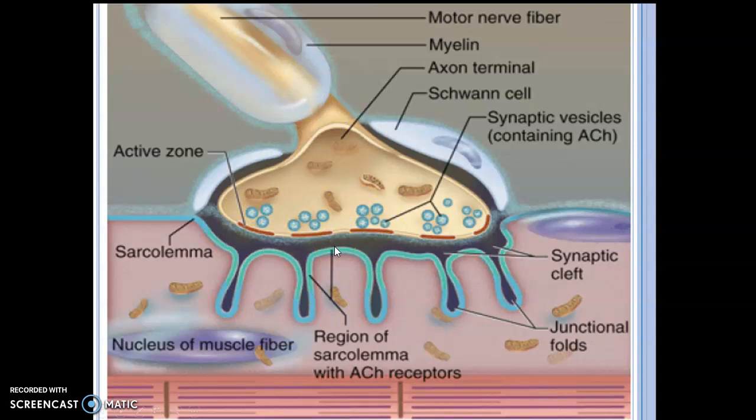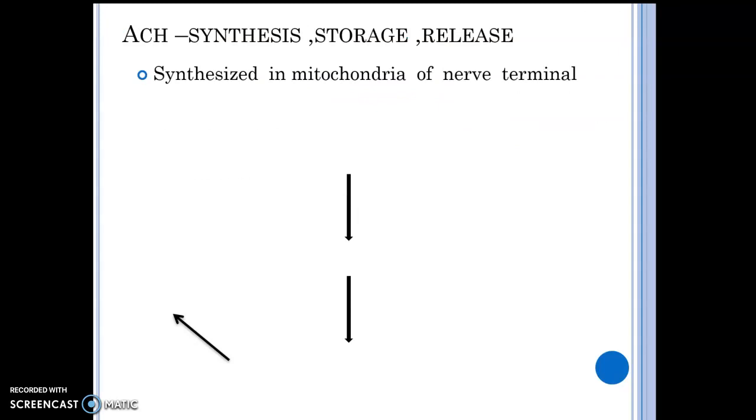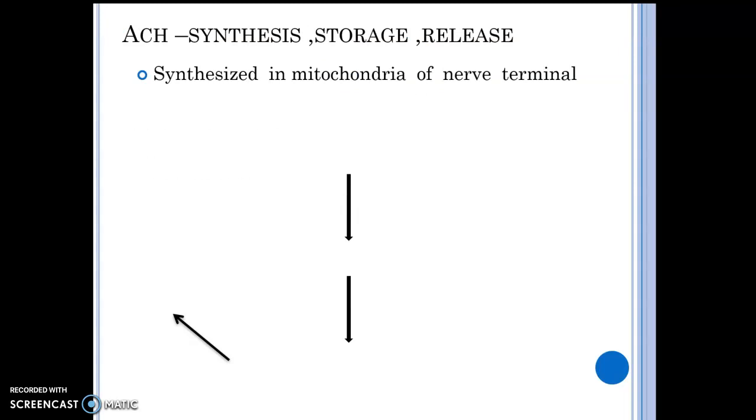So the receptor present in the postsynaptic membrane is called a ligand gated ion channel. The terminal button of the nerve is expanded, and that is called the synaptic knob. In the synaptic knob you can see mitochondria, neurotransmitter inside the vesicle, the active zone and voltage gated calcium channel.